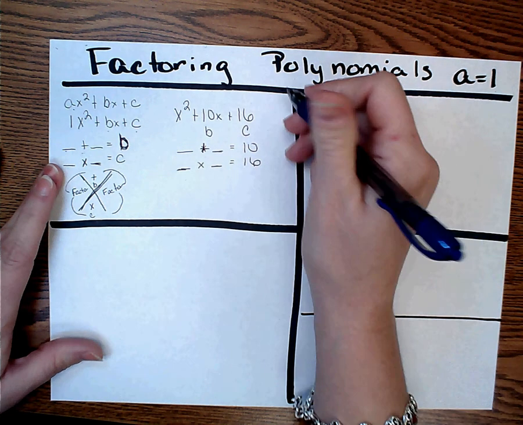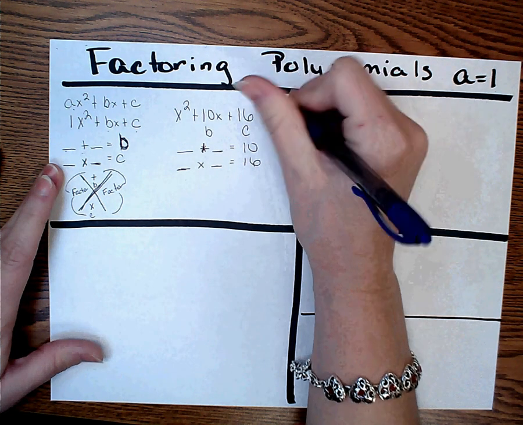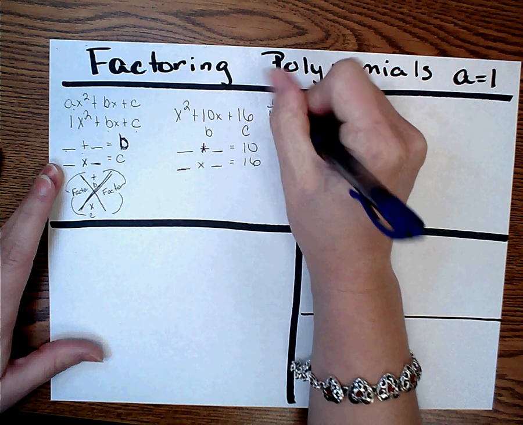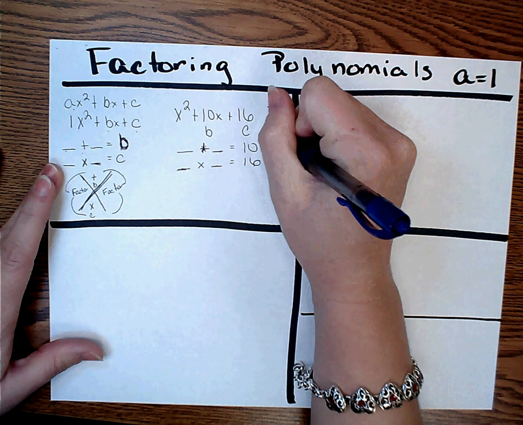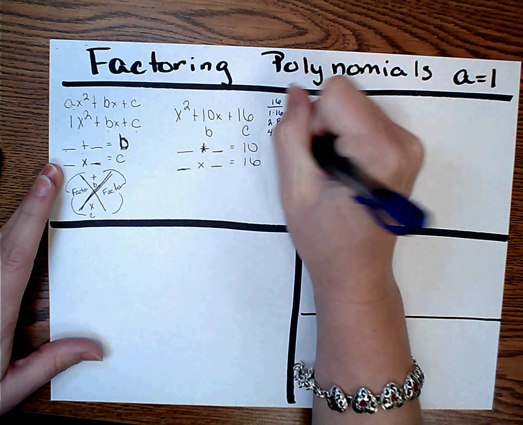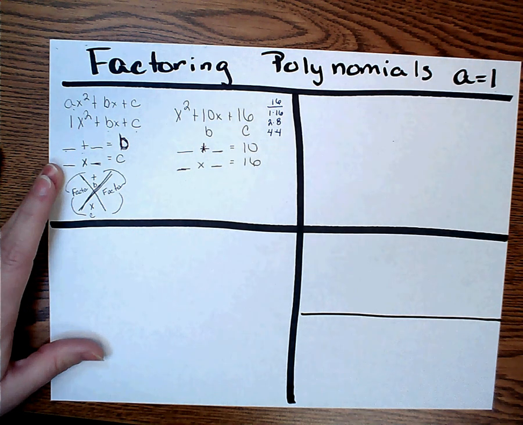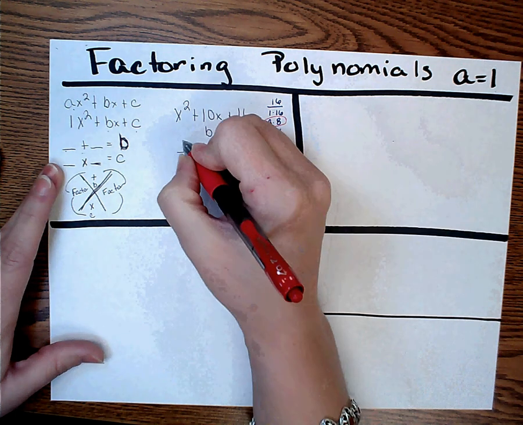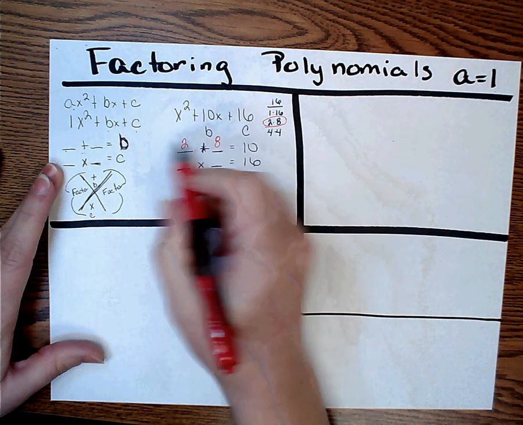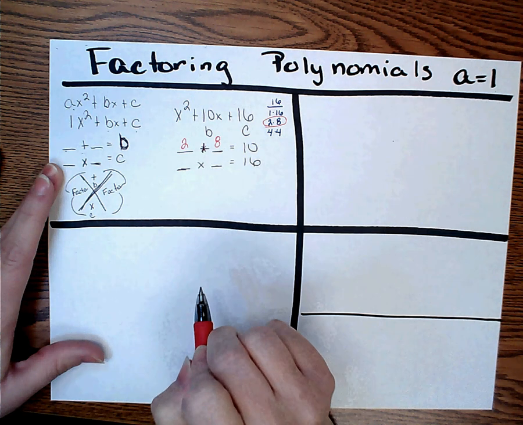Now, we could list out all of our factors of 16 here. So 1 times 16, 2 times 8, 3 doesn't go into it, so 4 times 4. Looking at this, the factors that give me 10 are 2 and 8. When I add them up, they give me 10.